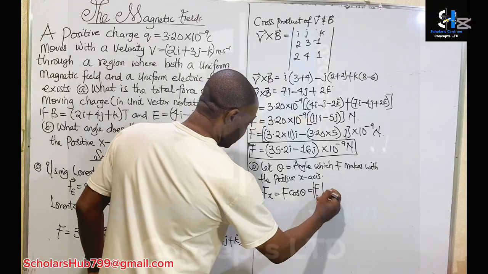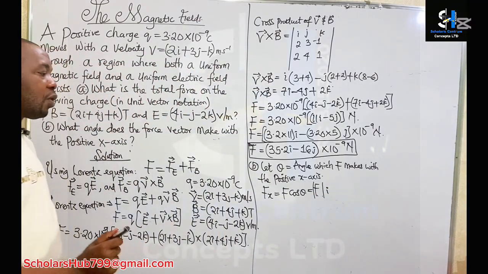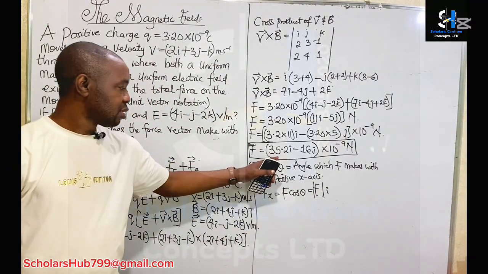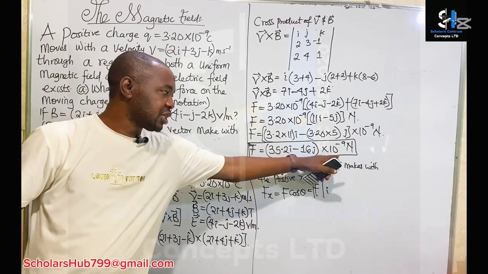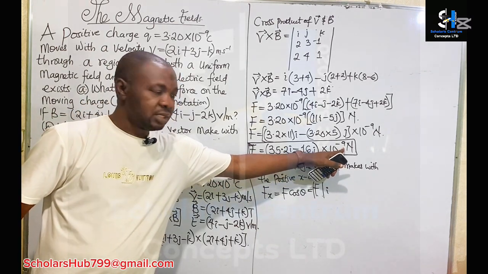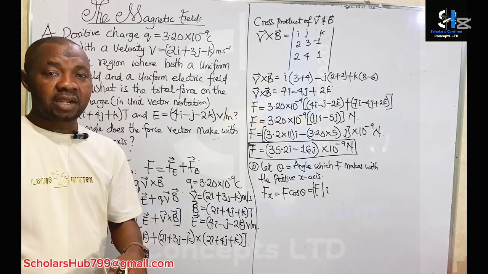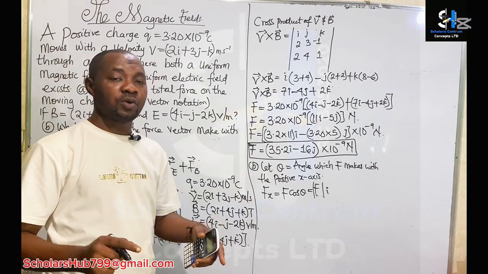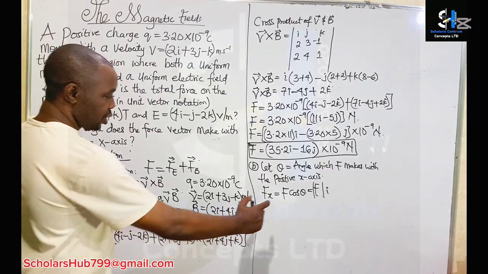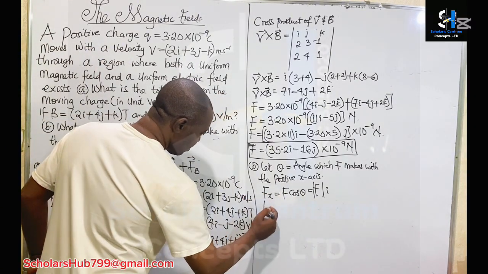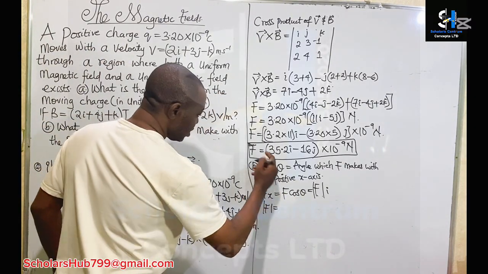Then in the i direction, because this is when we take 35.2 times 10 raised to the power of minus 9 i, that is in the i direction. So i is the unit vector along the positive x-axis. So we're going to use this. Let's find the magnitude of F, which is this.